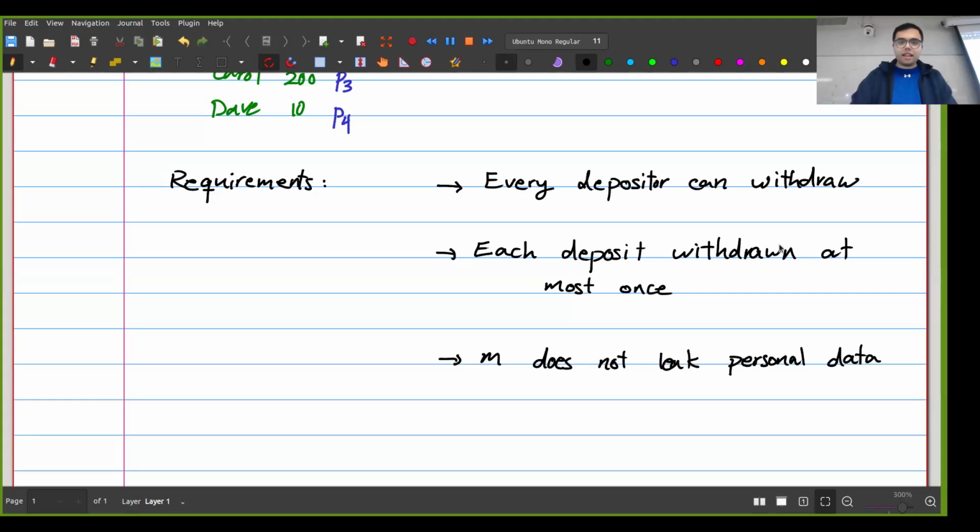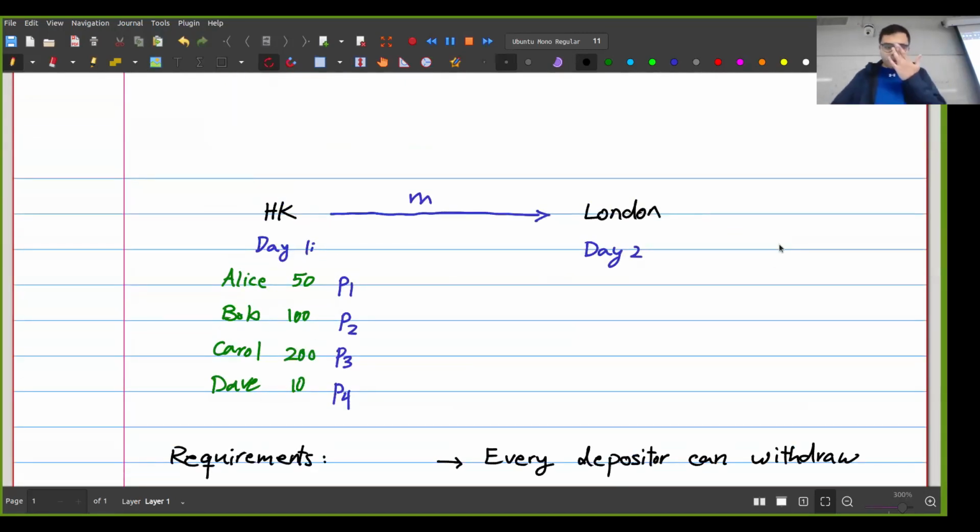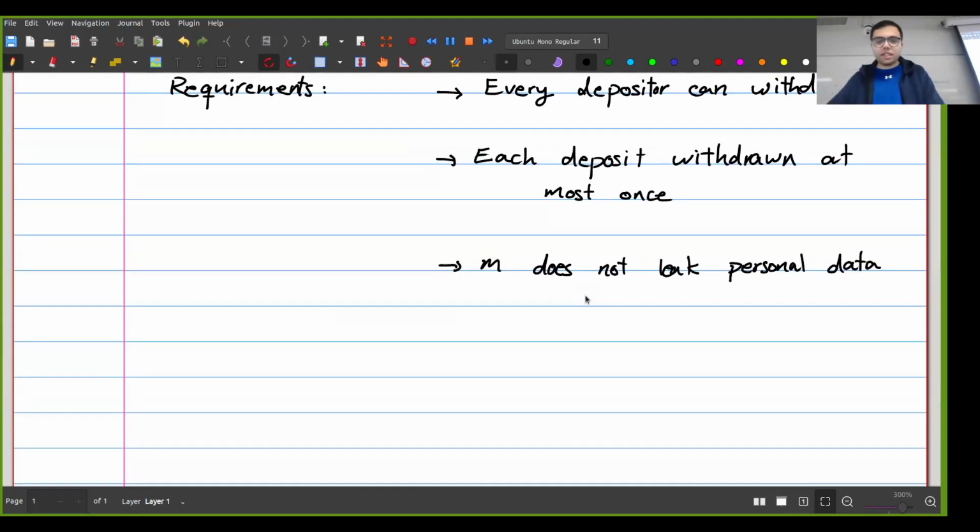We also talked about the idea that maybe this channel is really expensive. Maybe I want my message M to be as short as possible. So this is another requirement: M has constant length, O(1). This is another thing that I would like to have.